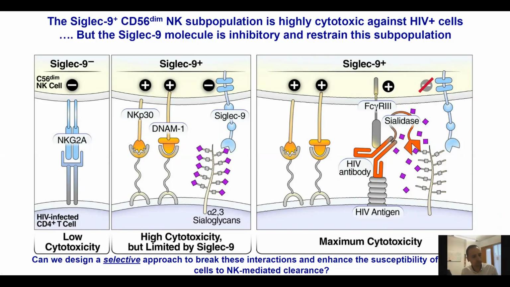In our case, we reasoned that if we conjugate sialidase to an HIV-specific antibody, the antibody will steer the sialidase to the surface of HIV-infected cells, cutting sialic acid only from the HIV-infected cells without impacting HIV-uninfected cells. So cutting the sialic acid from the surface of HIV-infected cells will enhance their susceptibility to NK-mediated clearance without impacting the surface of HIV-uninfected cells.